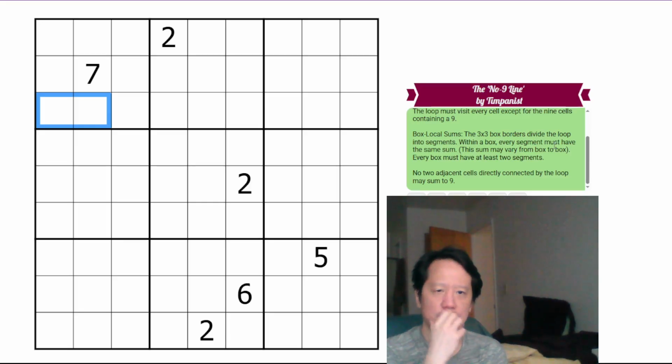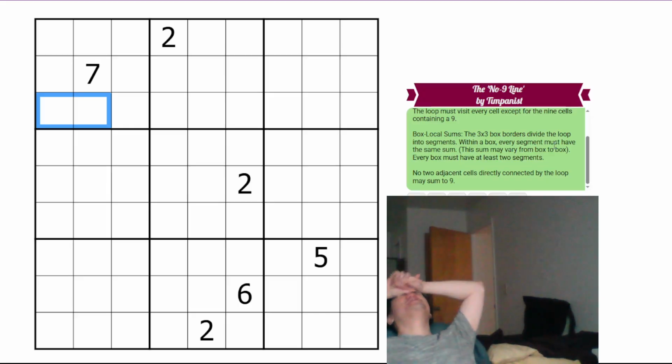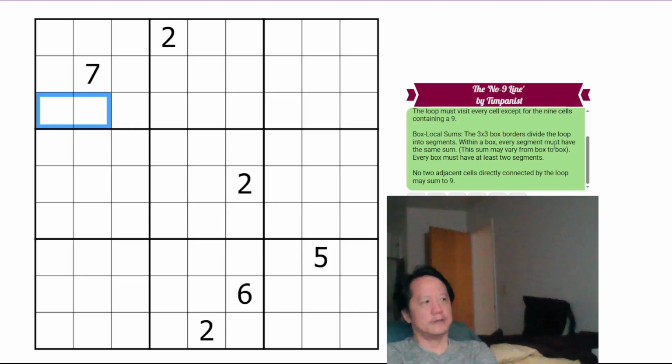Okay. Three segments. 8 would have to be with either 4 by itself. 7 could be with 5.